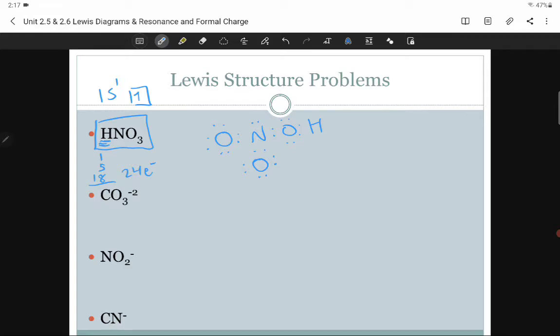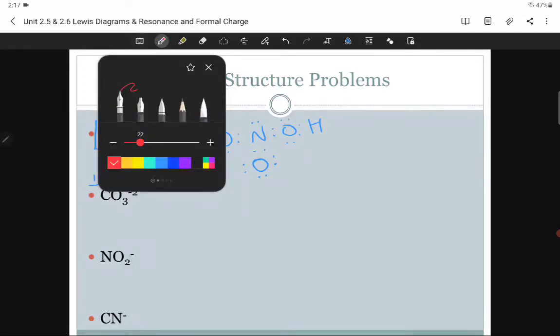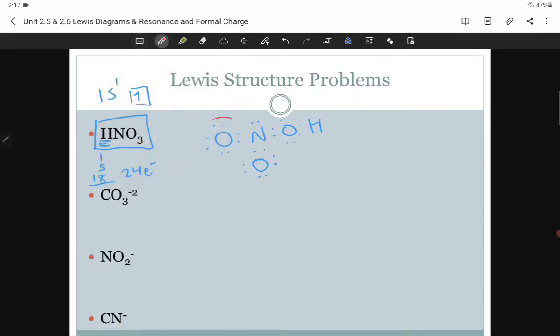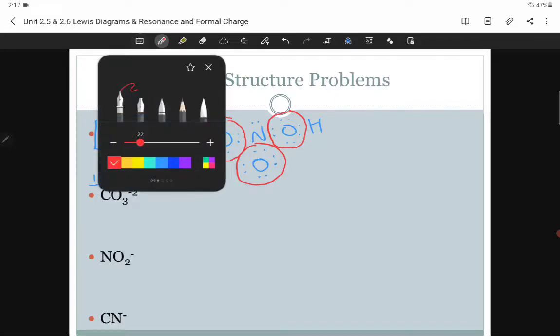Okay, so everything has 8 around it, but did we use 24 dots? I'm going to count 8 at a time, I think. There's 8. There's 8. There's 8. That's 24. Uh-oh, 2 more. We have 26. So that is not correct.